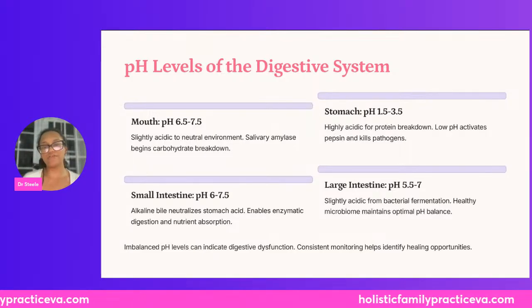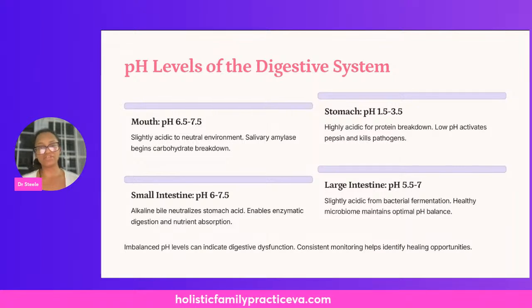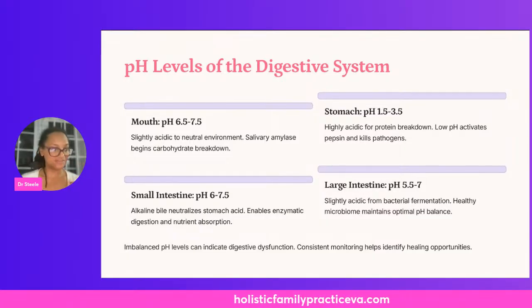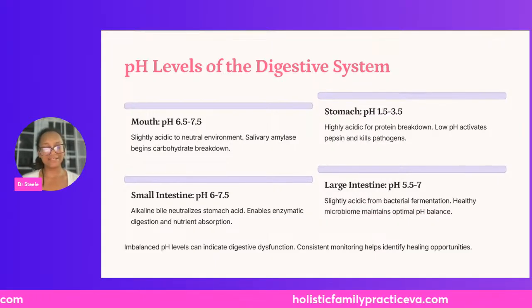But the reason for that high acidity is to break down proteins. Low levels actually activate pepsin and kill pathogens. So definitely want to make sure that we're keeping our immune system stable and healthy. Moving into the small intestines, it's going to be more alkaline as the bile neutralizes that stomach acid.